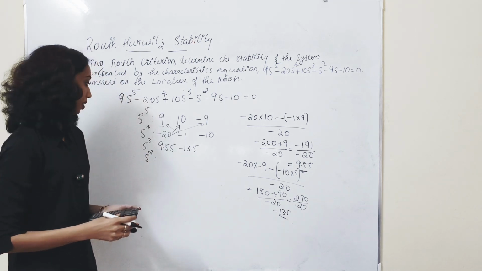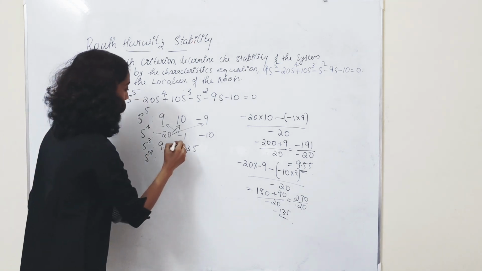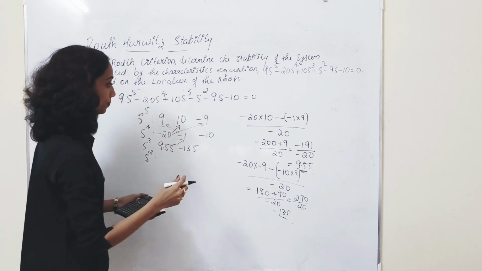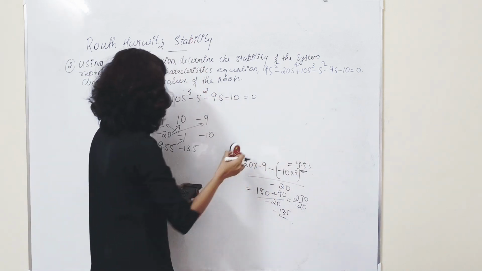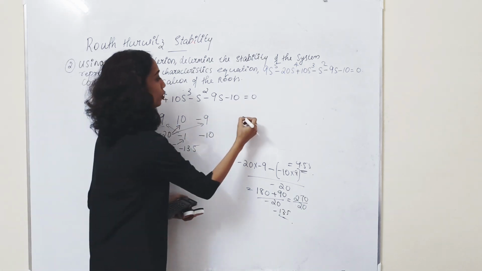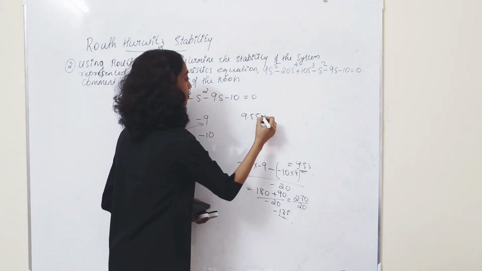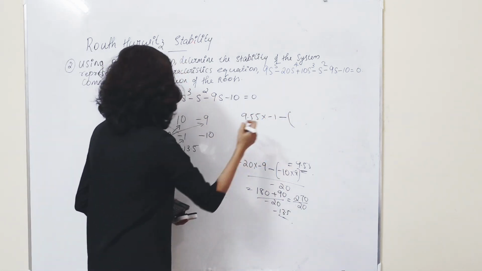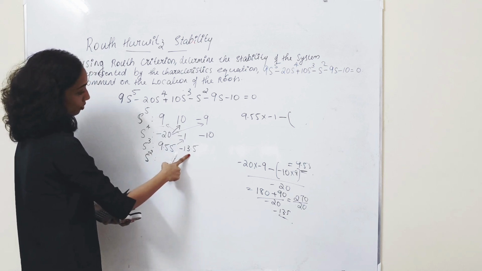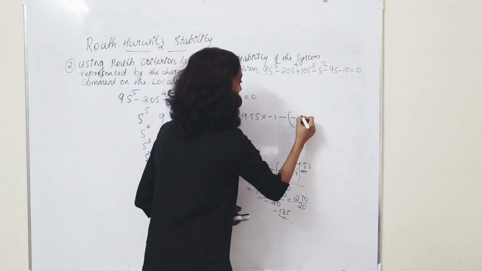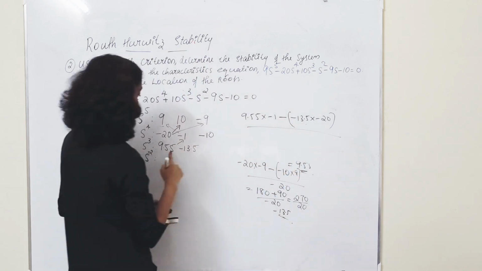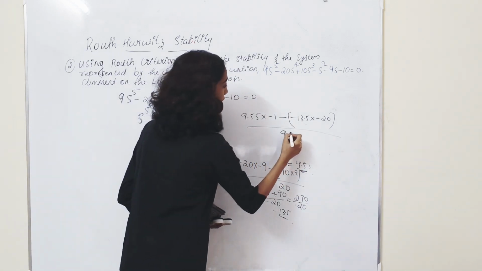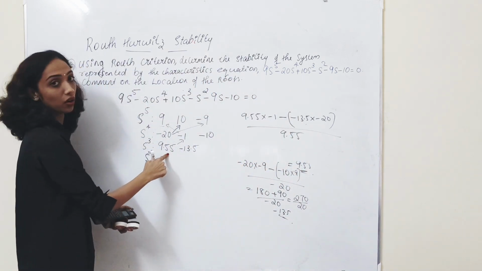That is again 9.55 into minus 1 minus 13.5 into 20, minus 13.5 into minus 20, divided by 9.55, the first number in the column.